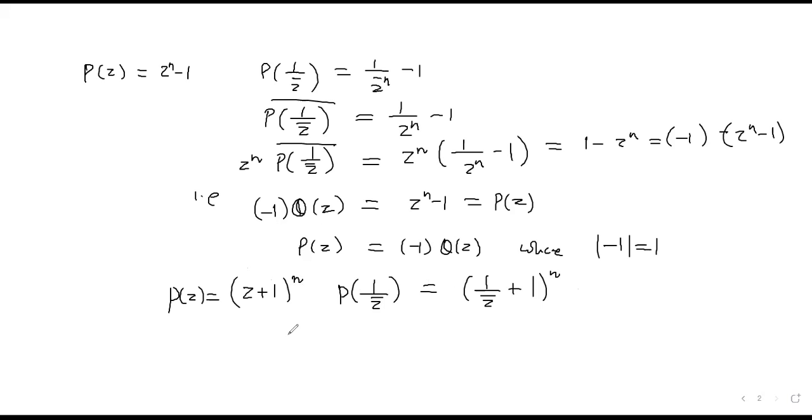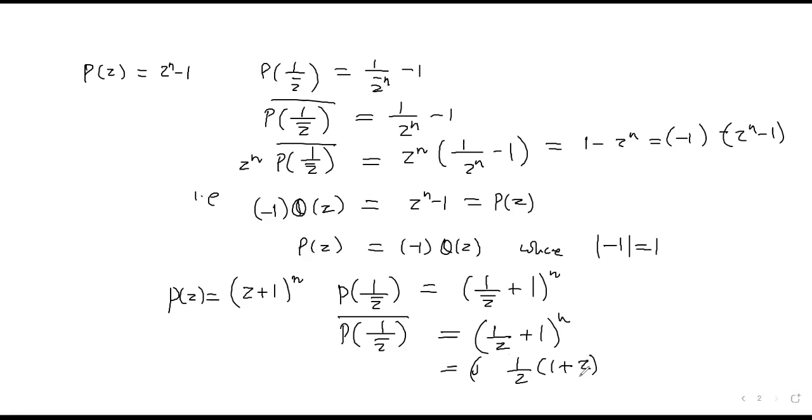And अगर इसको फिर से bar लगा दें तो p of 1 by z bar whole bar would be, of course, इसको कोई फर्क नहीं पड़ेगा, so it would be 1 by z plus 1 whole raised power n, which can be written as, we can take it like this, 1 by z into 1 plus z whole raised to power n, which would be 1 by z raised power n into z plus 1 raised to power n.